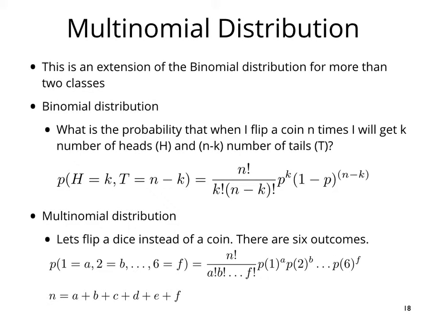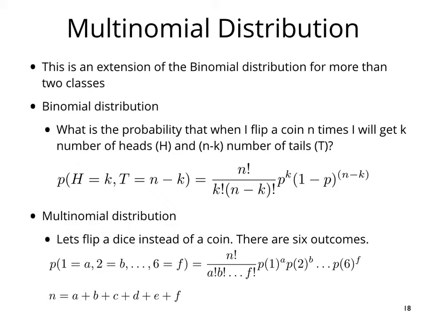So before we explain the multinomial distribution, it's worthwhile to take a look at the simpler binomial version. Consider the event where you flip a coin n times and get k heads, so the remainder, n minus k, should be tails. You want to find the probability of this happening. We have k heads, which gives us p to the power k, where the probability of observing a head is p.